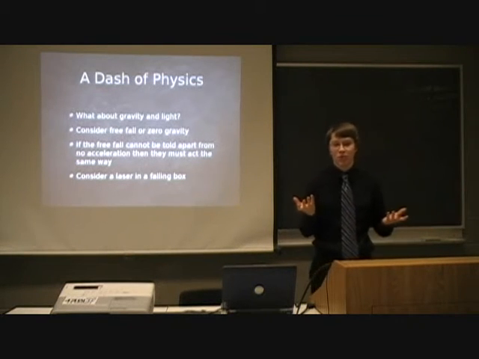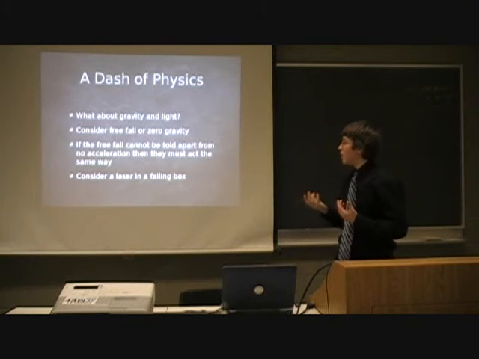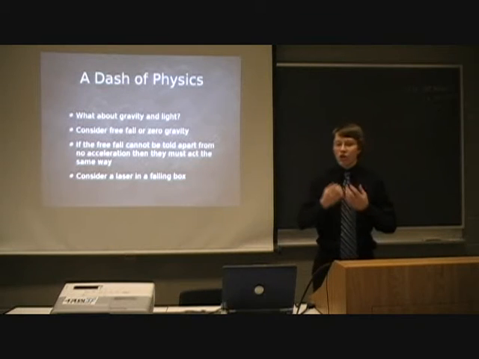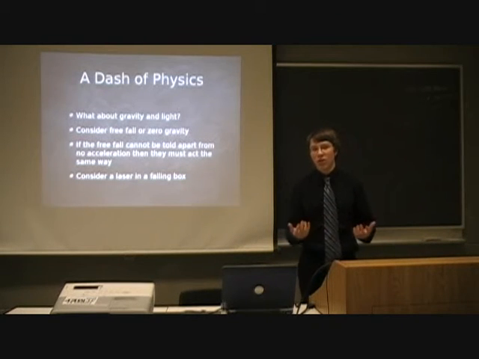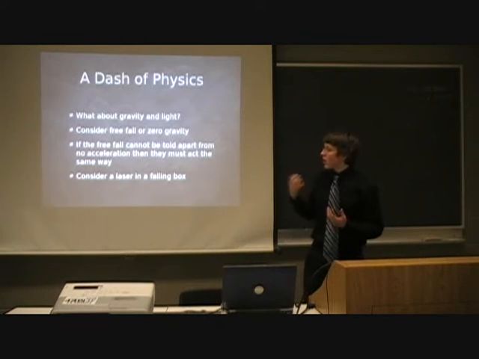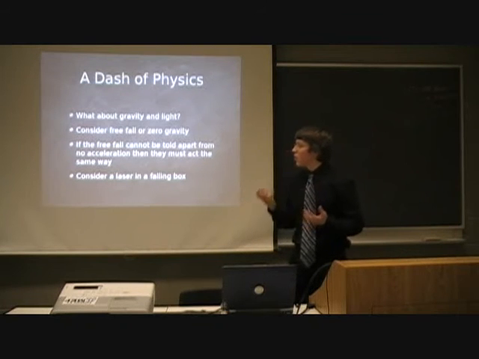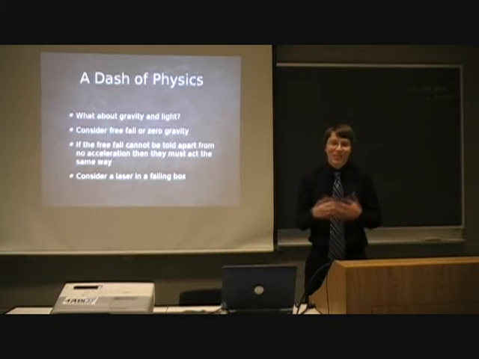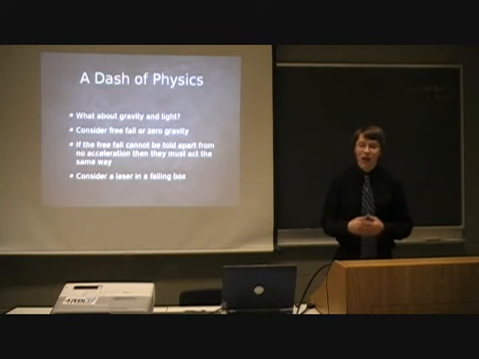It's also not going to move anywhere. Again, you take your laser pointer and shine it across the room. You're not going to be able to tell that you're falling, which Einstein took and said, well, if you can't tell that you're being affected by gravity, then it's as if you're not being affected by gravity, and so the rules must be the same.